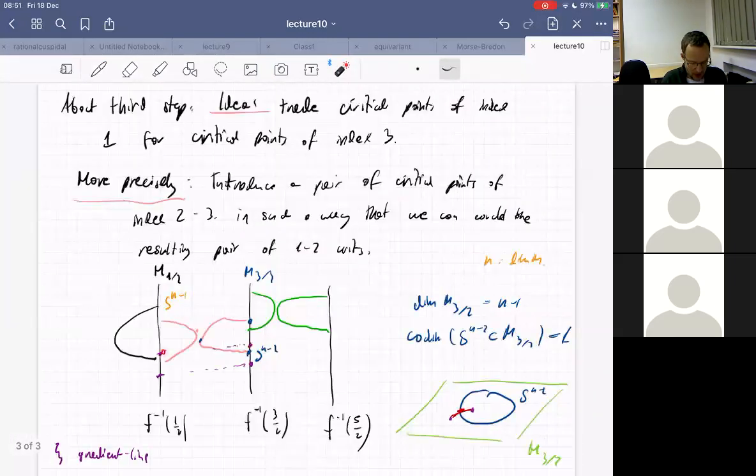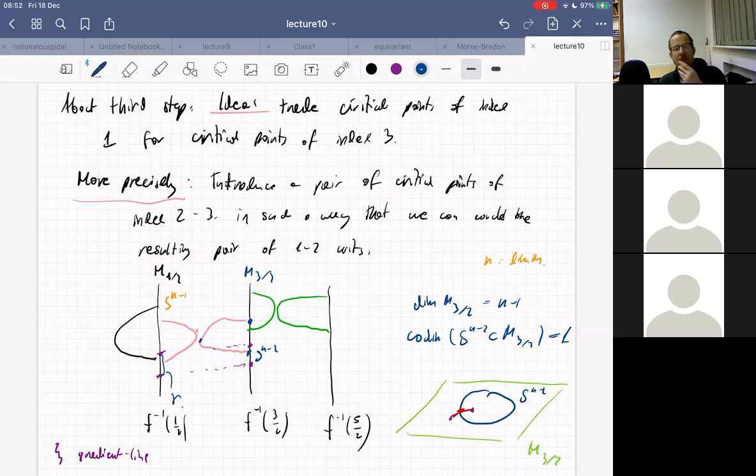So these points are in the same connected component of M_{1/2}, because there is only one connected component. So on M_{1/2} we can always connect them by an arc gamma.